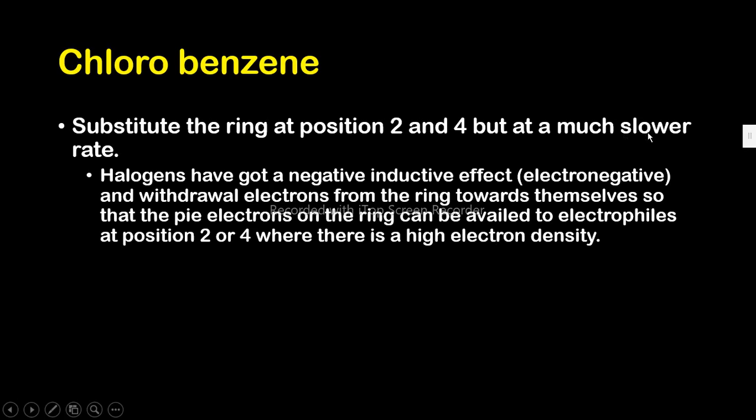But once you pull them, the pi electrons will be availed on positions 2 and 4, where you have the high electron densities, so that the incoming electrophile attaches where? On the ortho, which is carbon 2, and the para position, which is carbon number 4. So for instance, you can do nitration. You can do nitration and see the mechanism is the same, everything is the same, conditions are the same.